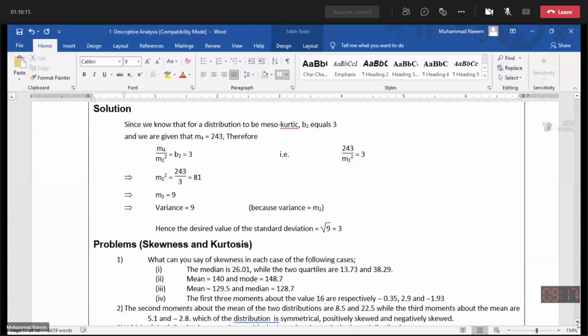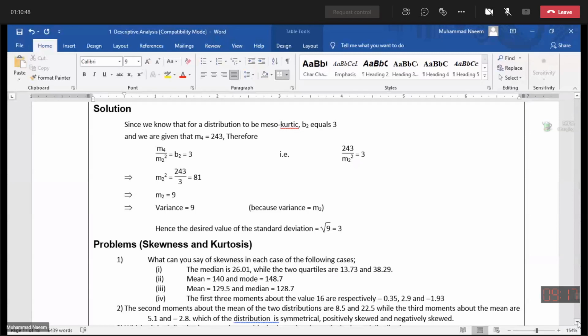Also, we have another exercise. Quartiles are given. Median and 2 quartiles means median is also a quartile. This one is Q1 and this one is Q3. So using the quartile formula, find the skewness.